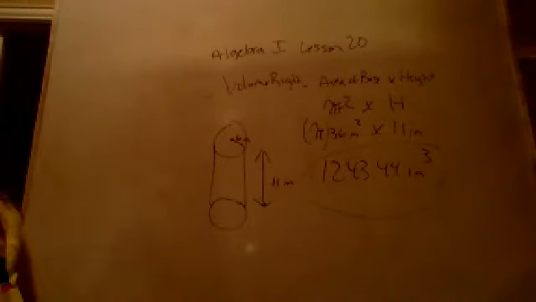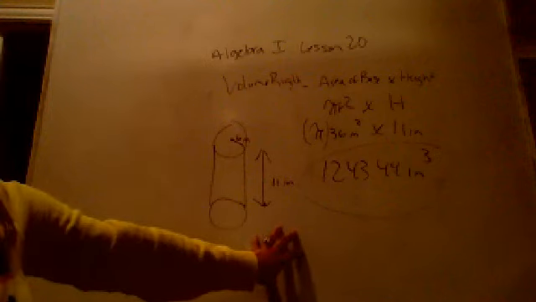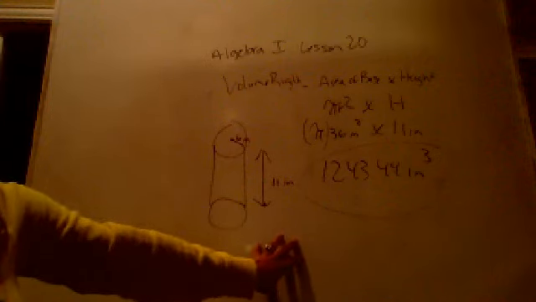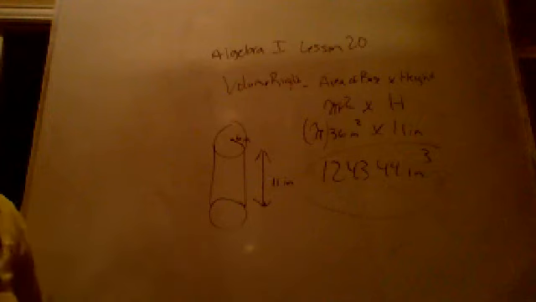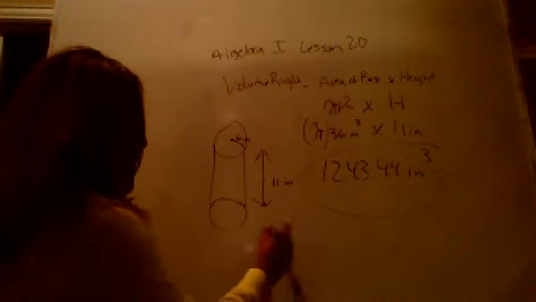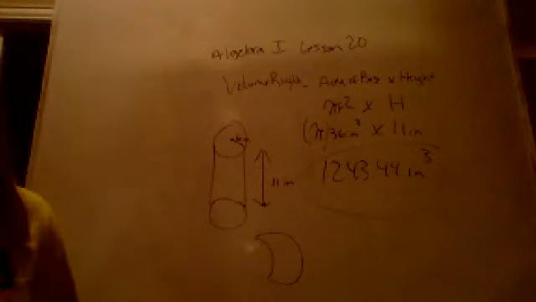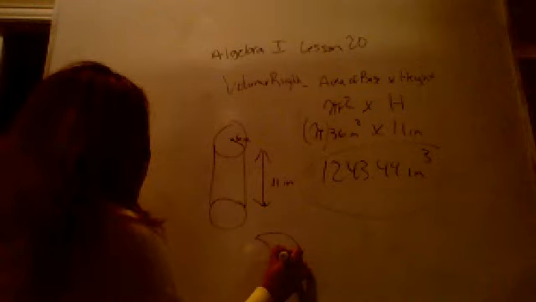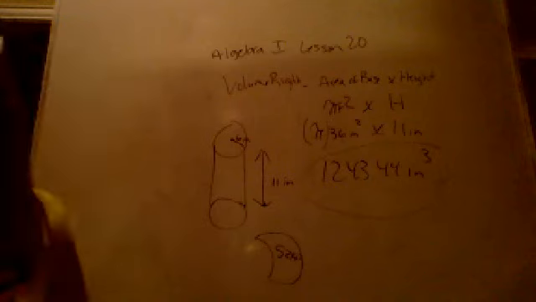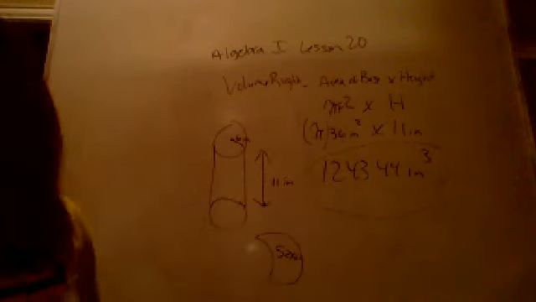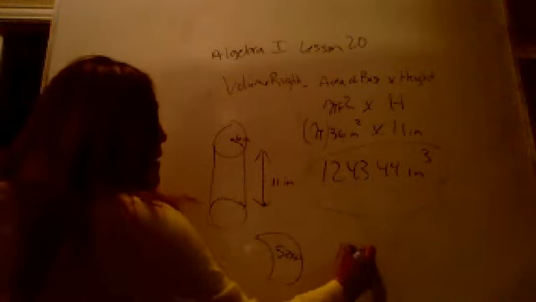So all you have to do is they're going to give you a base. Look at example 20.5. They said the base of the right solid has an area. It's an odd shape. Do we have anything that we can cut off? No. But they told us what the area is. Then they showed us the solid on the side, and they said it has a height of 15 feet.